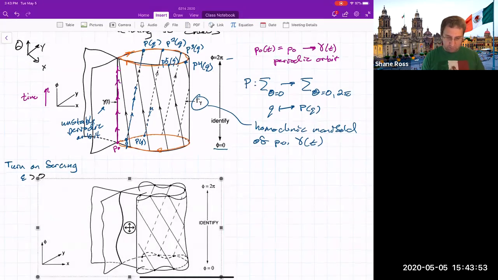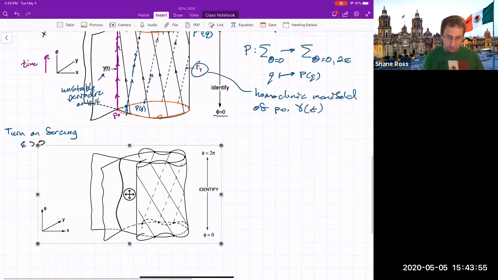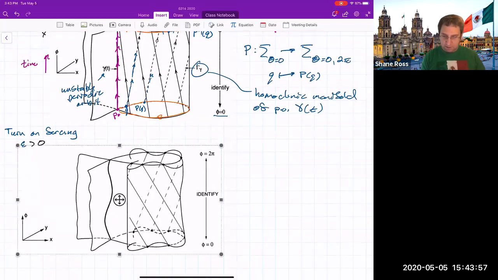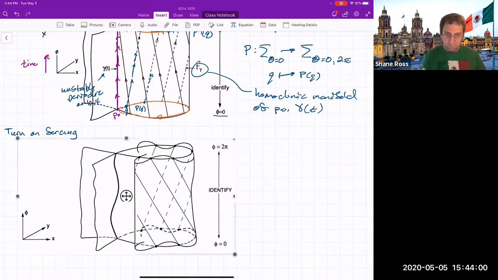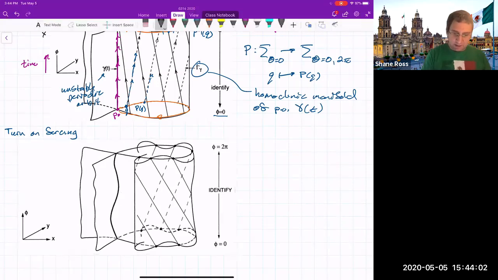Let me try to draw it right under the other one so you can see the parallel. So this is kind of the same, but let's say epsilon's small. So instead of a point P0, maybe P0 is here, the point's shifted a little bit.